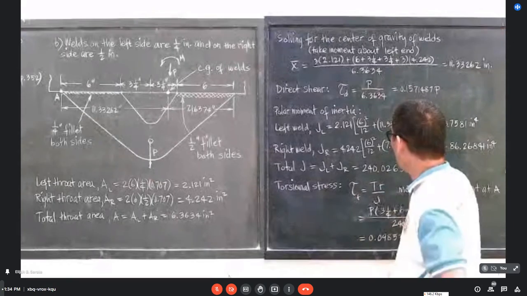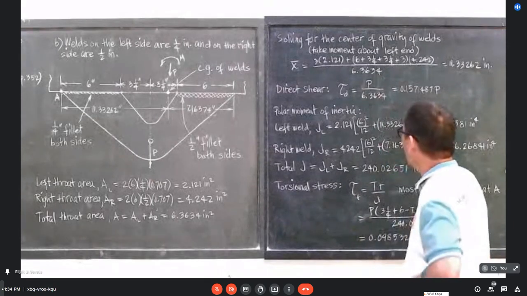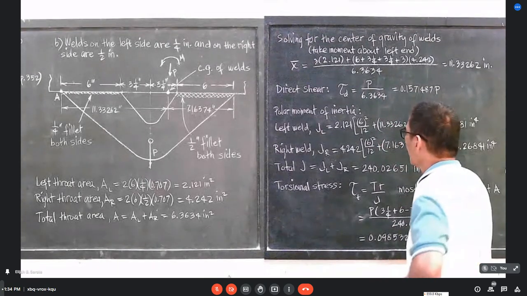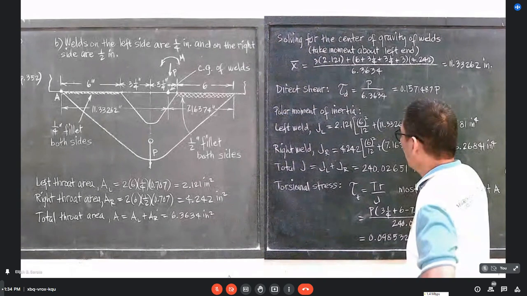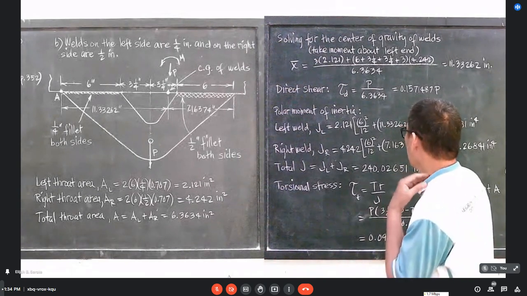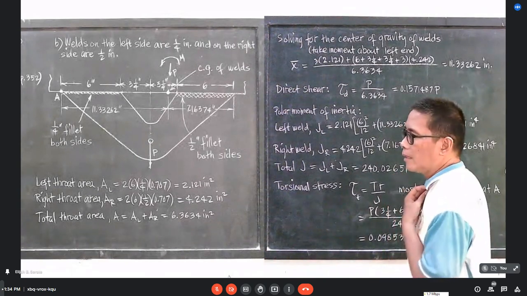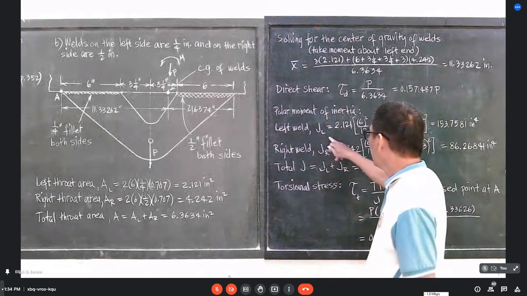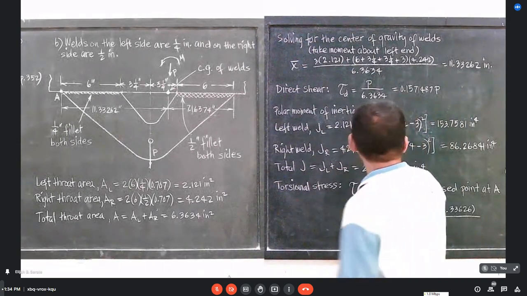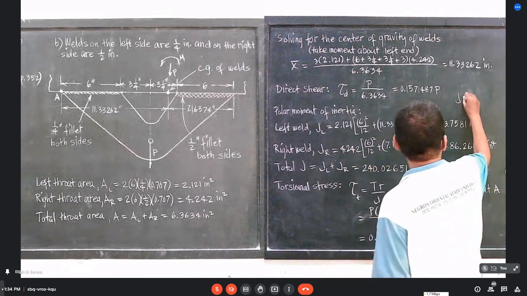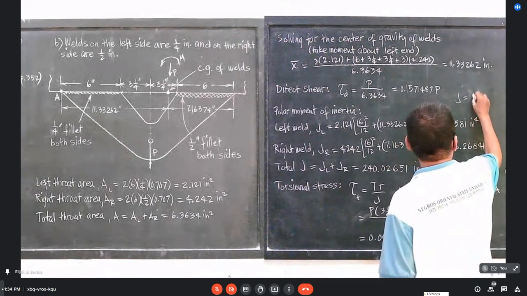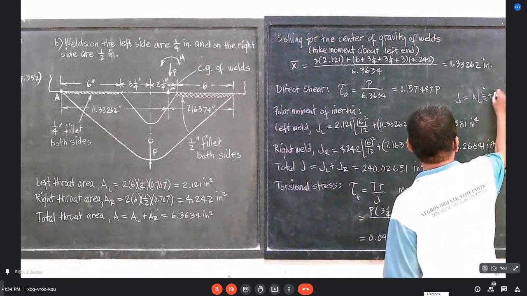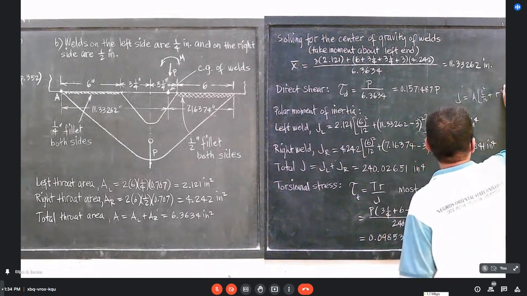Actually, you can try that, but the problem there is when you are adding this to another one later. Now, the next is the polar moment of inertia, J. J equals A times L squared over 12 plus R squared.